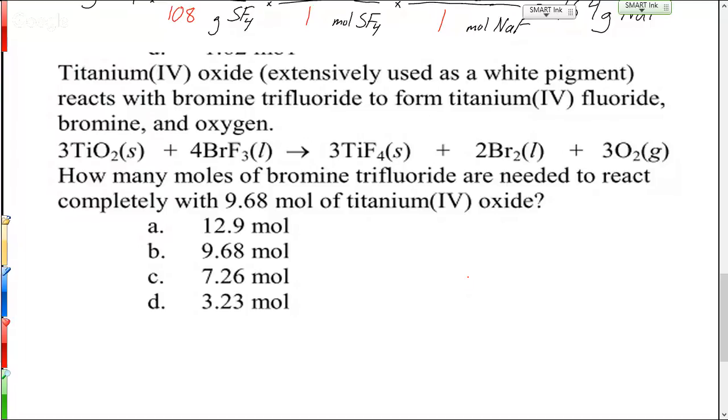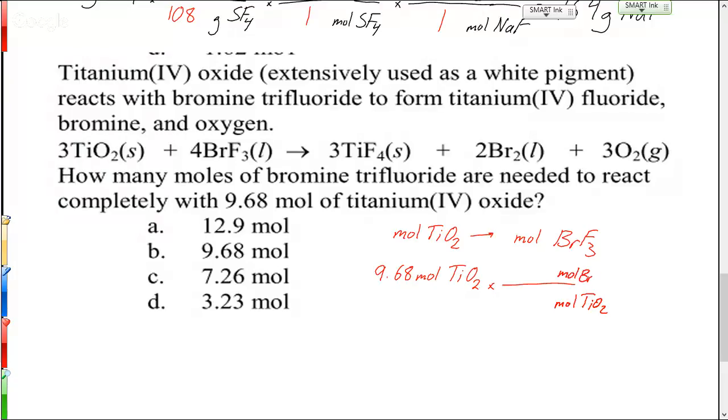So our plan for this one just looks like one step. We're going from moles of titanium oxide to moles of bromine trifluoride. Okay. So that conversion is going to look like this: 9.68 moles TiO2, and then we need to convert from moles of TiO2 to moles of BrF3.